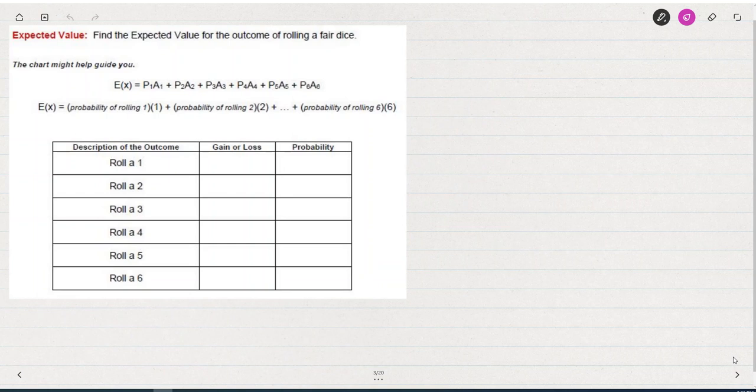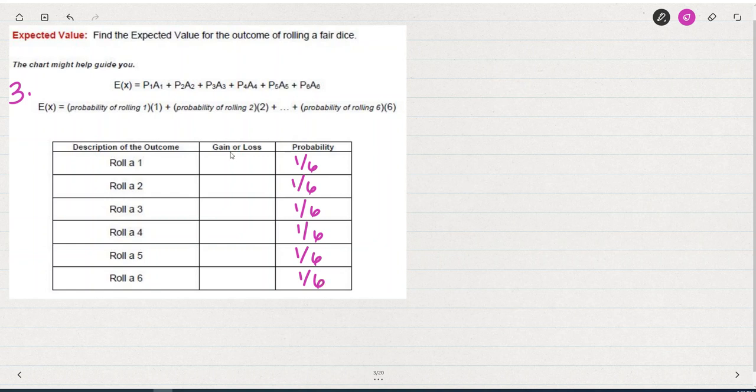Number 3, the first example where we're working out an expected value, is a case where you're rolling a 6-sided die. So the probability of each outcome, a 1, 2, 3, 4, 5, or 6, is 1 in 6. So there's a 1 in 6 chance of rolling a 1, a 1 in 6 chance of rolling a 2, and so on.